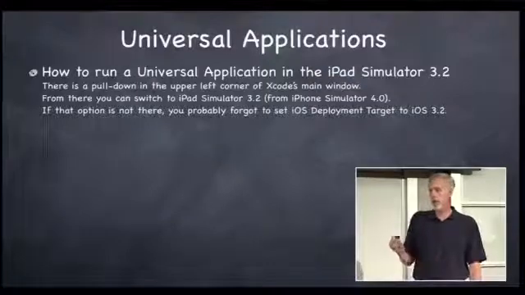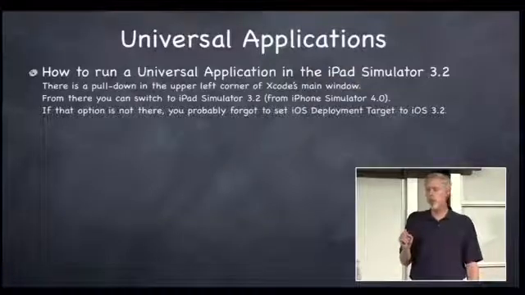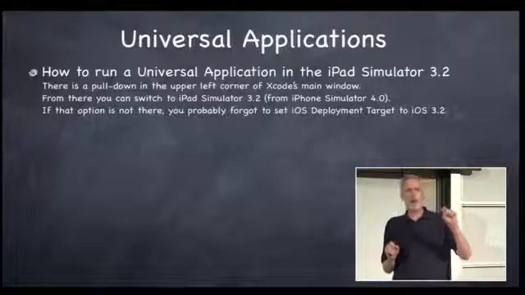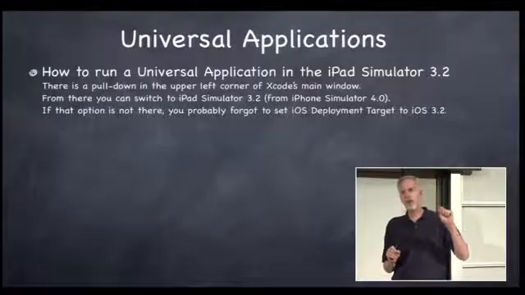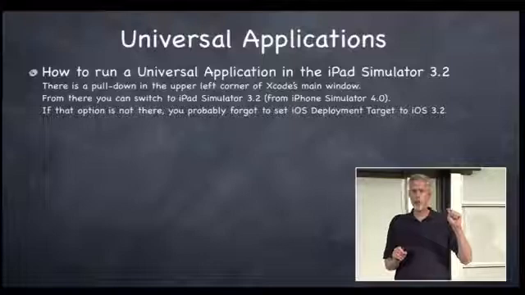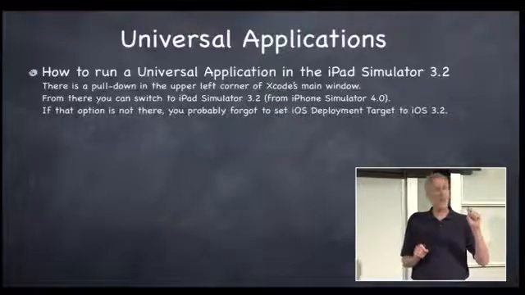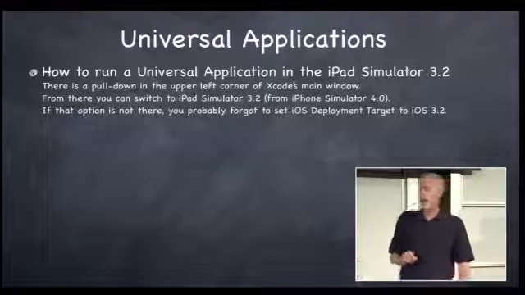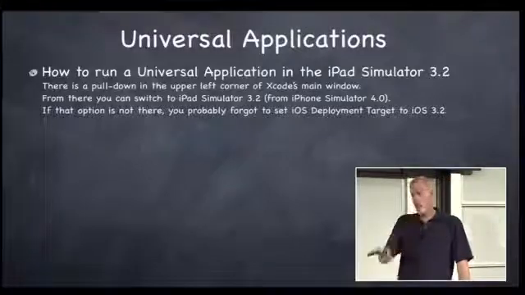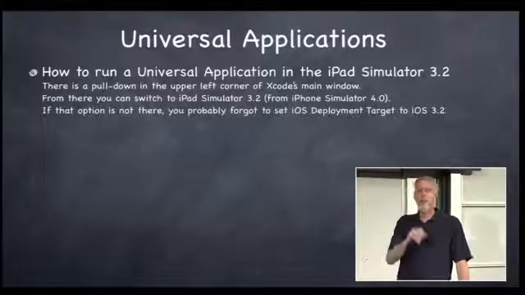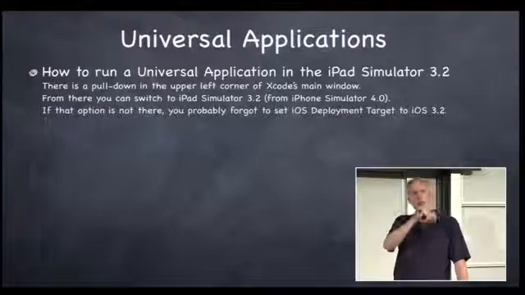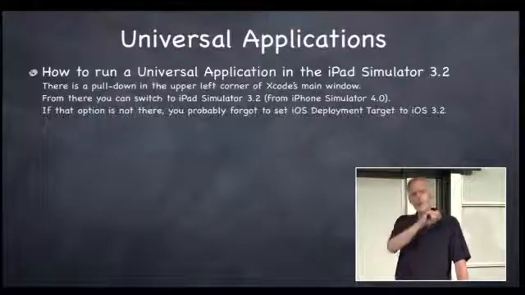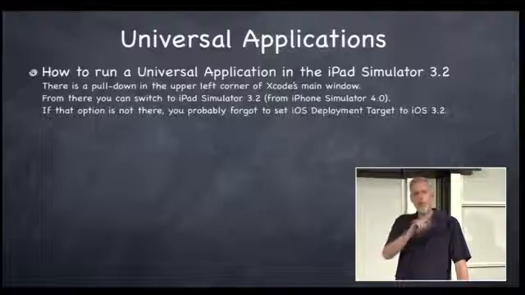And the way you switch between those two is a pop-up in the upper left-hand corner of Xcode. You've probably seen it there already. You haven't really had occasion to use it so far unless you've done device development, because that's the same place you go to choose that you want to run it on a device. If you've set your deployment target properly to 3.2, you'll have a choice. There'll be two choices there: iPhone Simulator 4.0 and iPad Simulator 3.2.